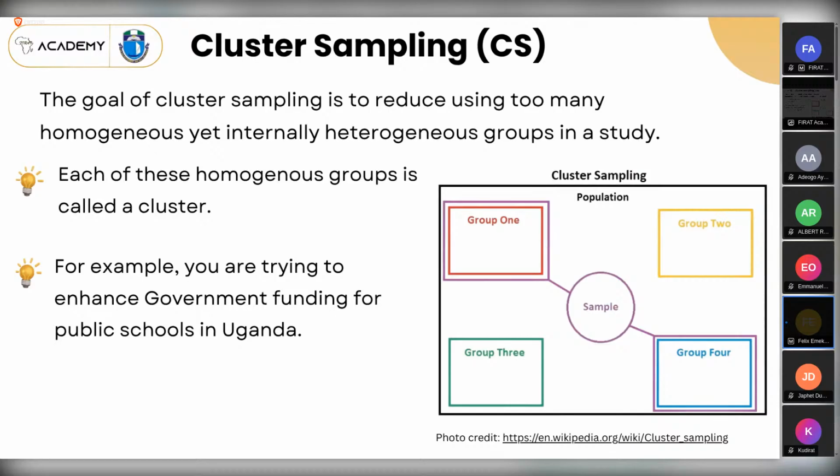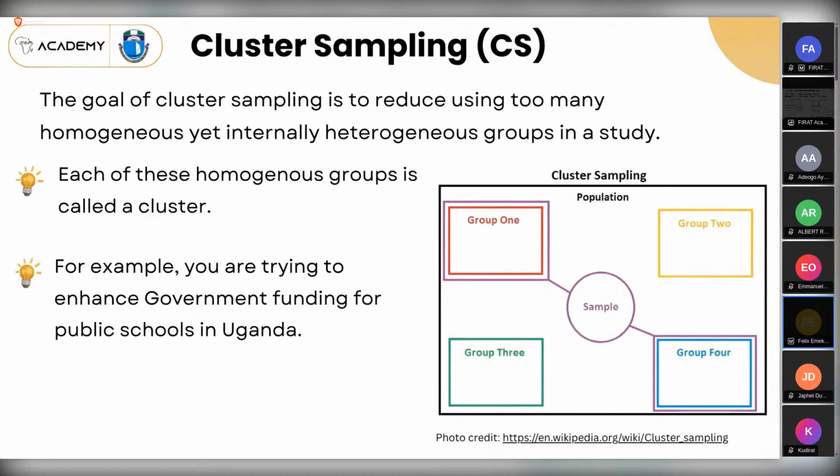So in this case, they said you can use cluster sampling because they consider each of the government-funded public schools as a cluster. So I'm not talking about private schools now. I'm focusing on, because the private school is a cluster on its own, while the government-funded public school is a cluster on its own.